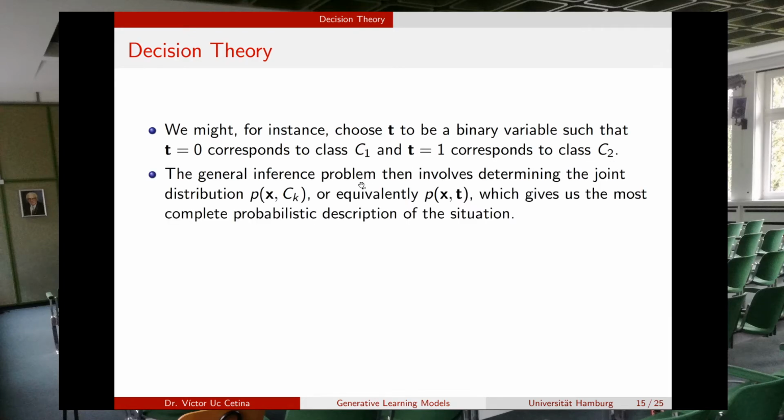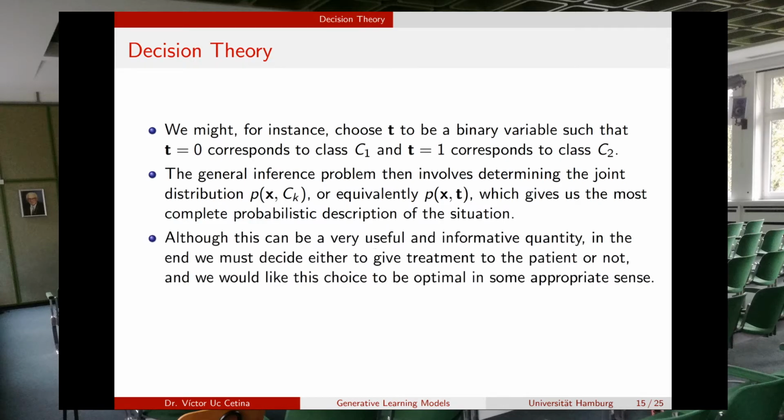The general inference problem then involves determining the joint distribution: what possible values x can take, so the pixels of the images, and what is the probable classification of that image. And this will give us a complete probabilistic description of the situation.